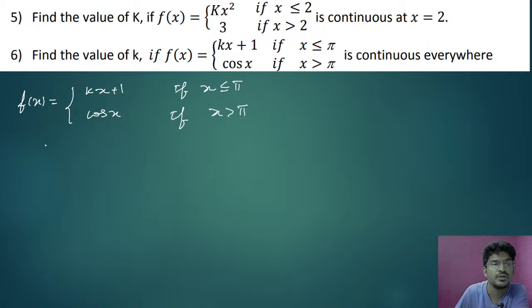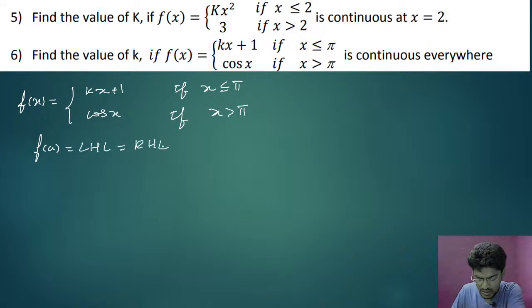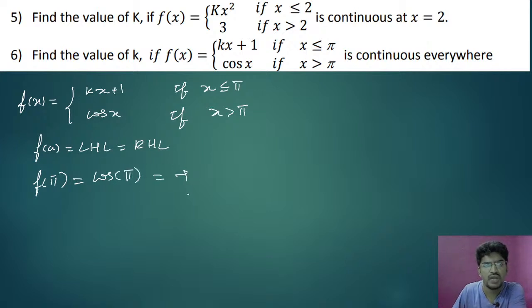That means f of a is equal to LHL is equal to RHL. Clear? So now f of a, that is f of pi, that is cos pi. Cos pi is how much? Minus 1.